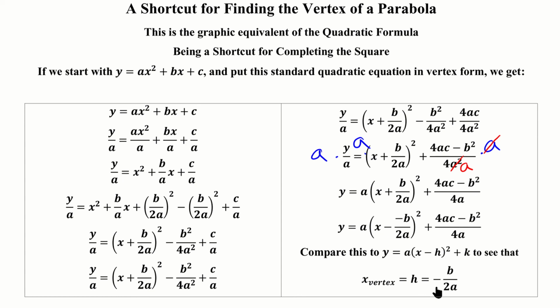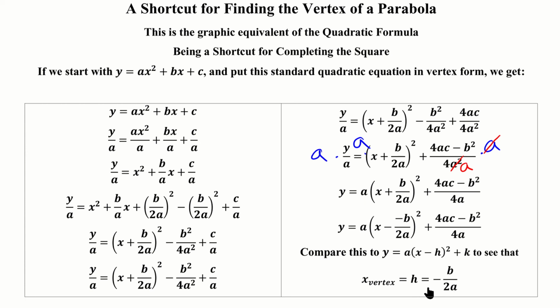Because if I have h, that's all I need. Once I have h, I can just plug it in here and I can get the k anyway. So there's no need for me to memorize this rather complex looking thing. All I need is this, and that's going to help me.